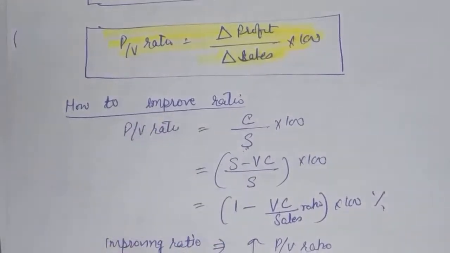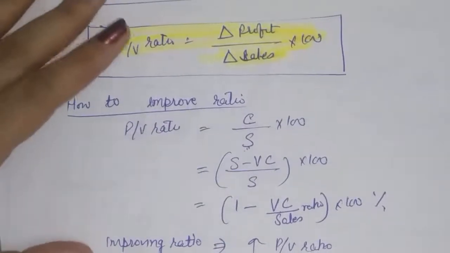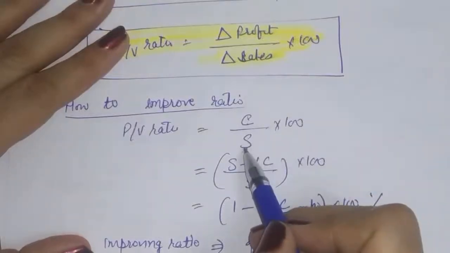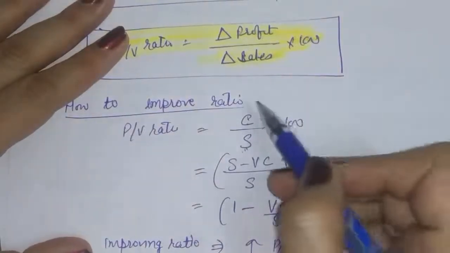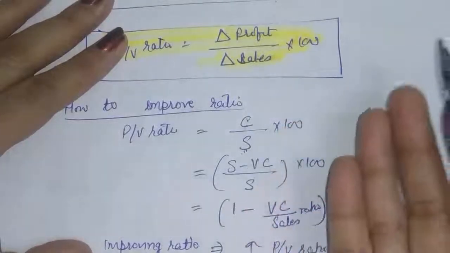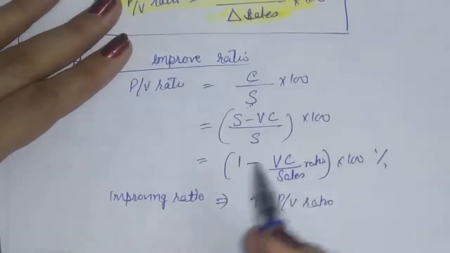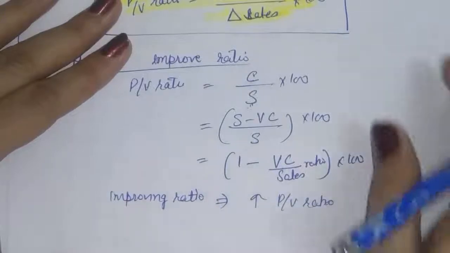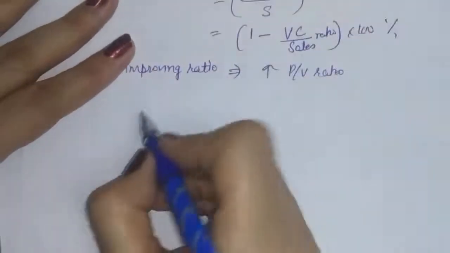Because when we increase the selling price, what will happen? That increase in sale will lead to more contribution, assuming variable cost remains same. So your ratio will improve. Similarly, if you are able to control the cost, your variable cost is controlled, then also PV ratio will improve.